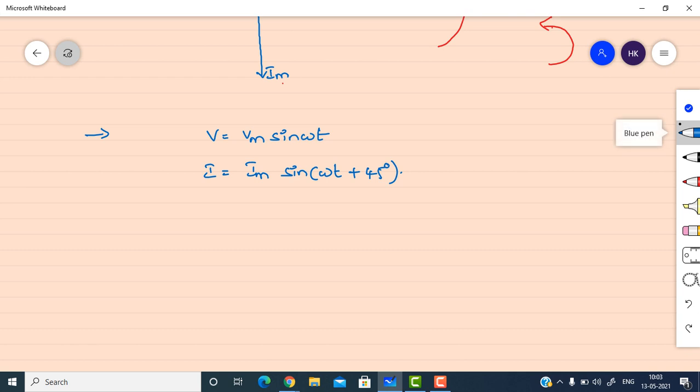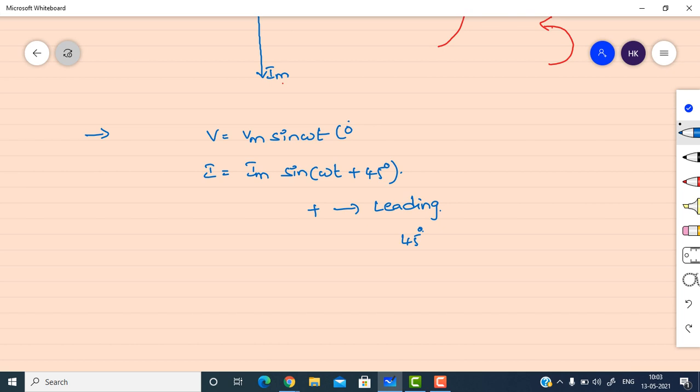Has anyone drawn it? First tell me, is the current phasor lagging or leading? Current waveform. Yes, very good. The plus sign indicates the current is leading and the angle is 45 degrees. That means the phase angle difference between voltage and current is 45 degrees. Why?